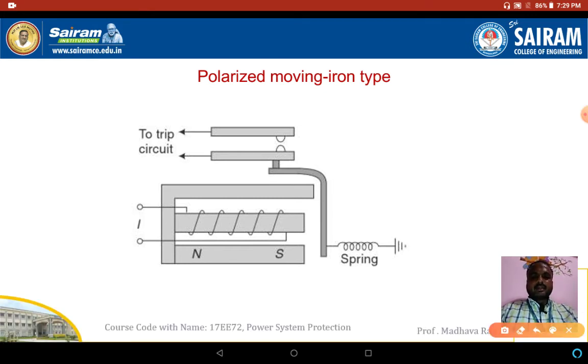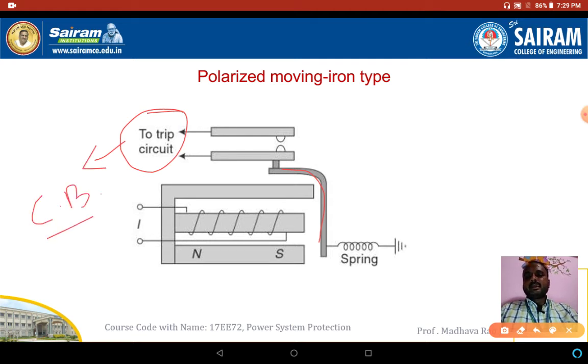The coil is connected to the supply, so current flows. Whenever the current exceeds the set value in this relay, the magnet will move and make contact with this arm. Then a signal passes to the tripping circuit. The tripping circuit will activate and send a signal to the circuit breaker. The circuit breaker will break the supply.